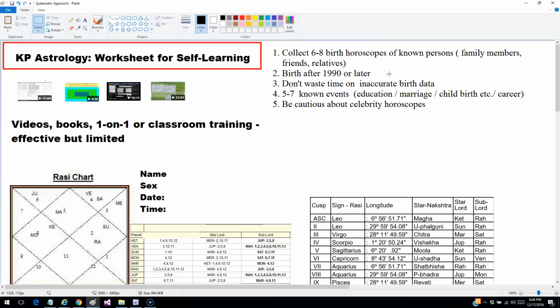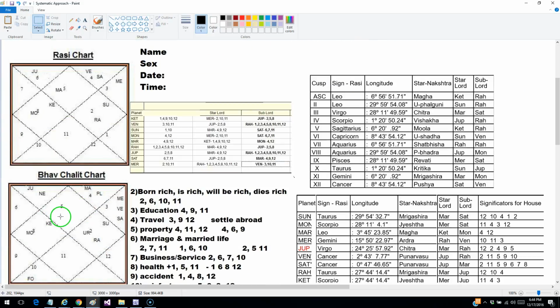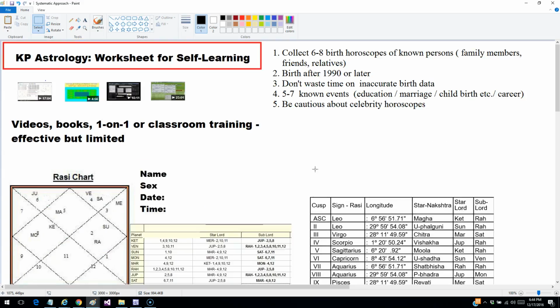And in Krishnamurti Paddhati, since the Rashi chart is not given much importance, the cusp chart is given importance, and I assume for drawing a cusp chart, the exact time of birth is required.